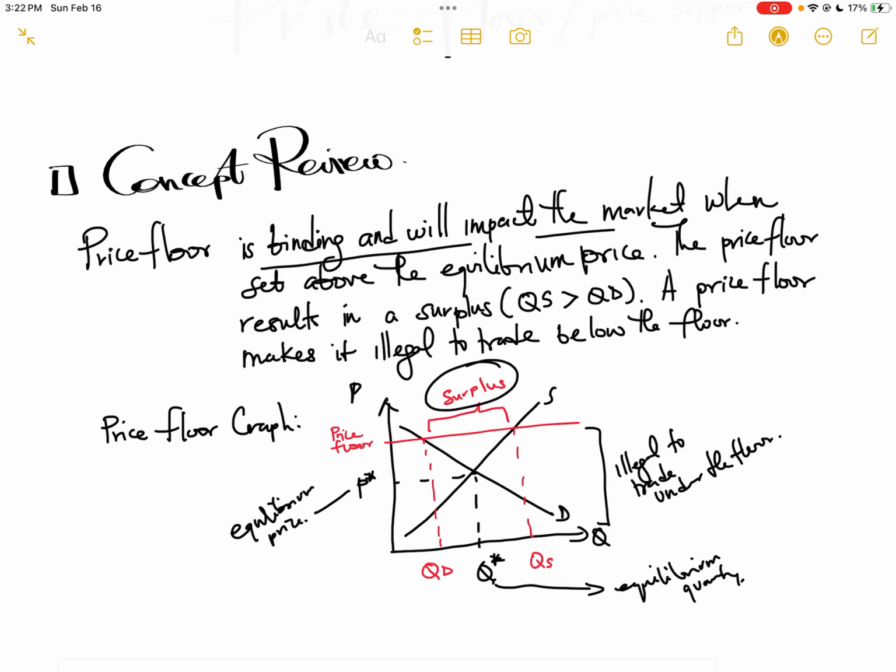A price floor makes it illegal to trade below the floor. That's 1. 2. A price floor results in a surplus. And 3. The price floor is binding and will impact the market when it is set above the equilibrium price. And then you have this drawing, which you should master how to draw.